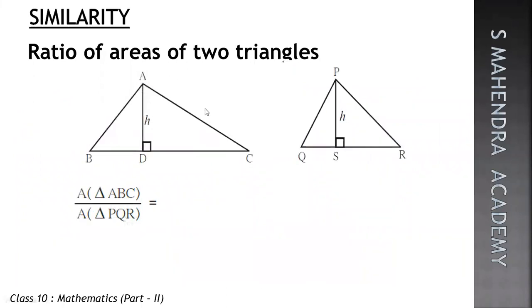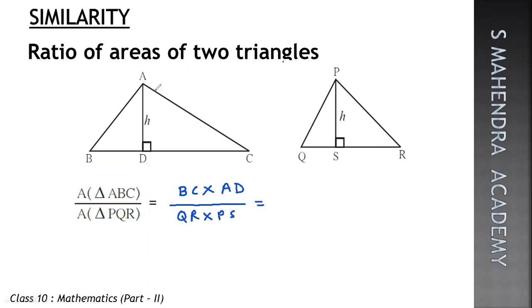So here we have two other triangles. We have to find the ratio of areas of two triangles. So the area of triangle ABC will be base into height AD upon the base of the second triangle, that is QR, into height PS.